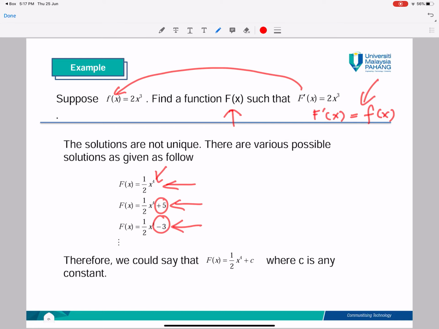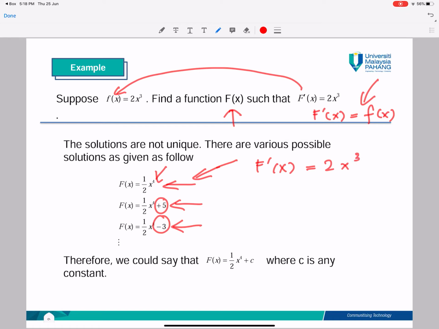And actually you can have any constant, because when we perform the integration, later we'll see the formula in order to find the antiderivative. When you have this capital F(x) and you find F'(x), you'll get 2x cubed.